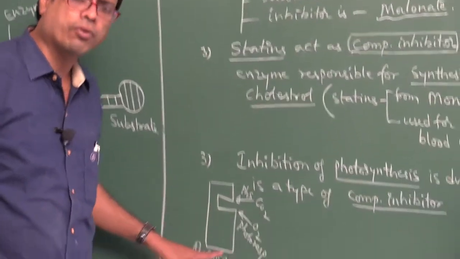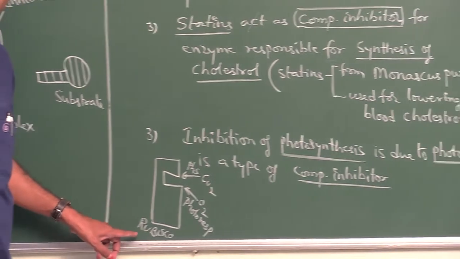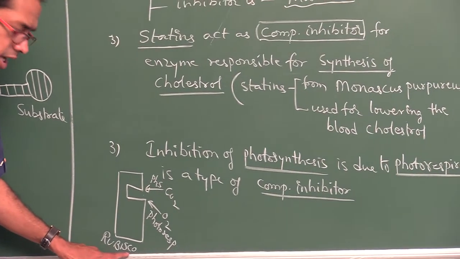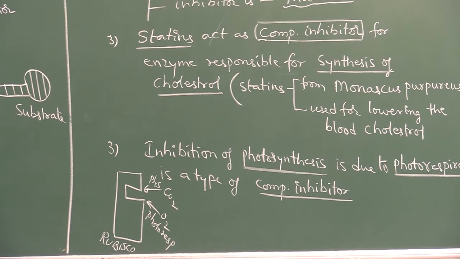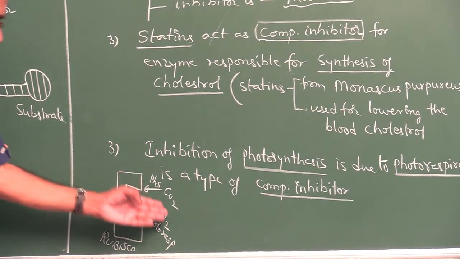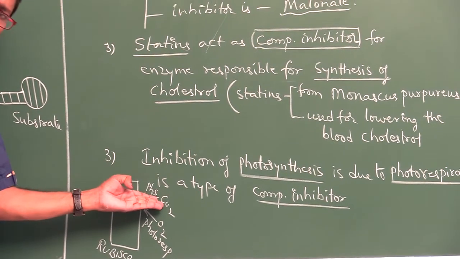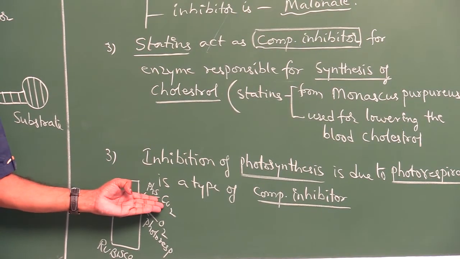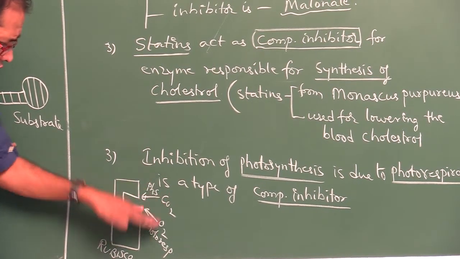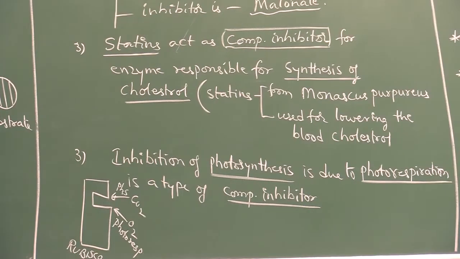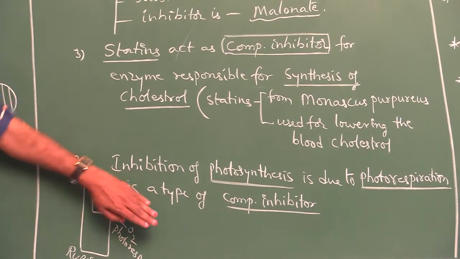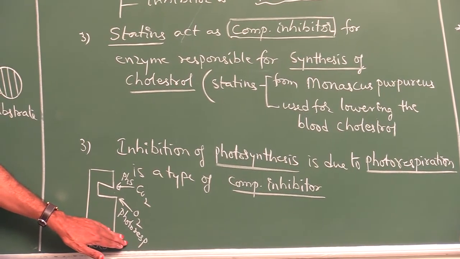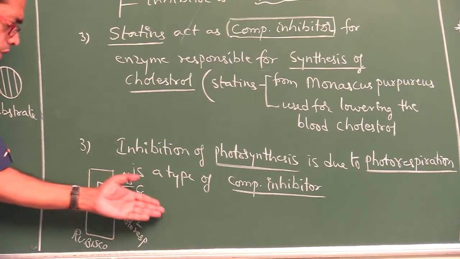That's why the full name of Rubisco is ribulose bisphosphate carboxylase/oxygenase. Mostly it acts as carboxylase, whereas in photorespiration it acts as oxygenase. If O2 binds, photosynthesis is inhibited. Inhibition of photosynthesis due to photorespiration is a type of competitive inhibition.